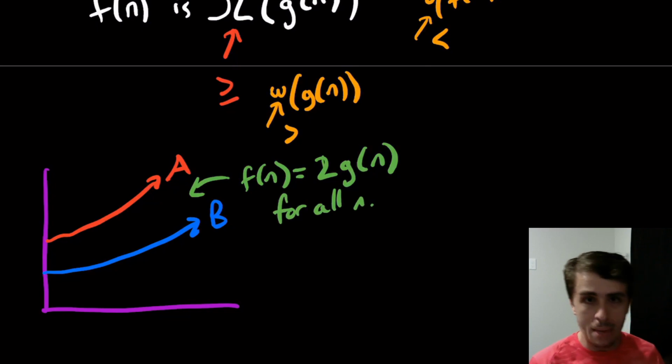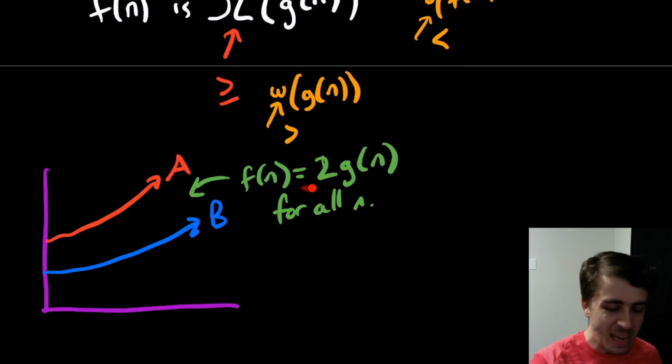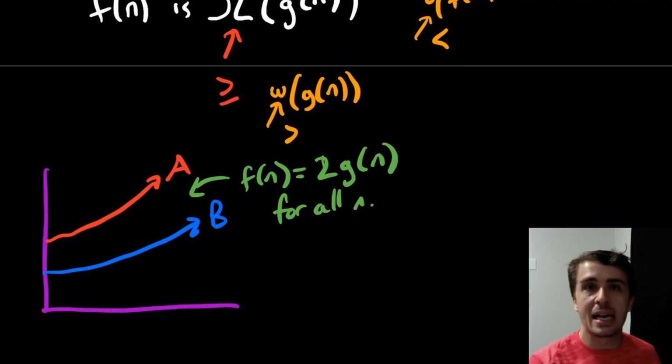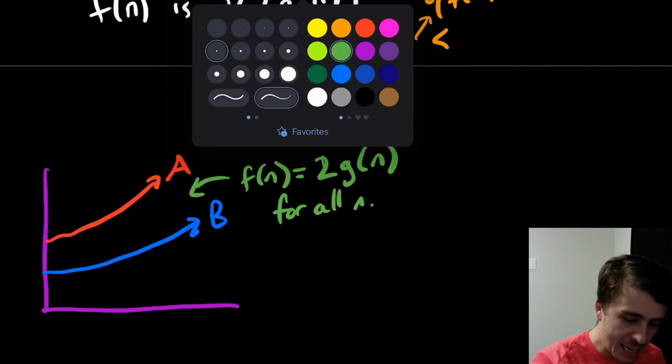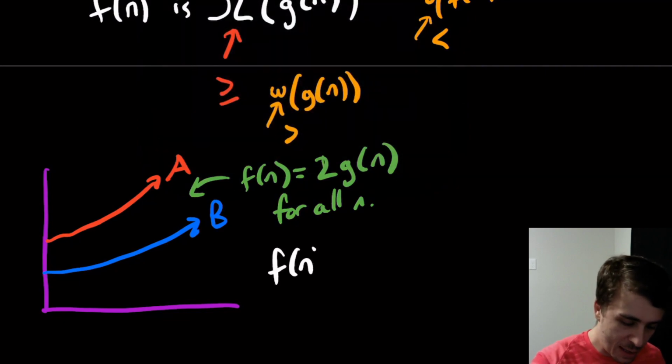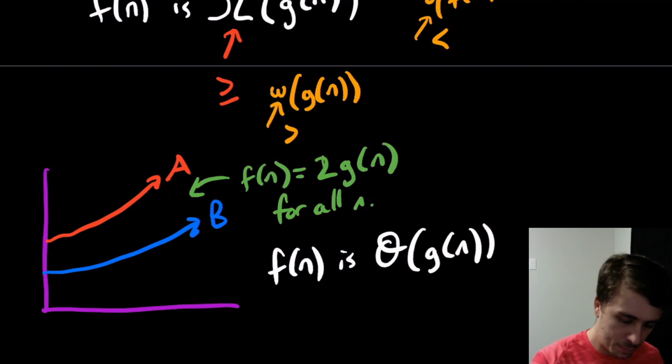Or maybe not for all n, but after a certain point it becomes 2. It doesn't have to be exactly this, it's just that it's some constant independent of n times g. Then what we say here is that f of n is big theta of g of n.